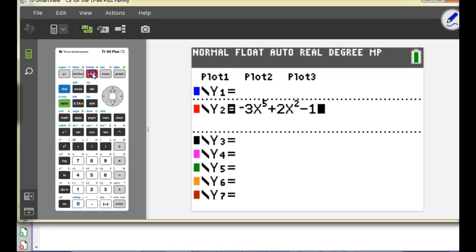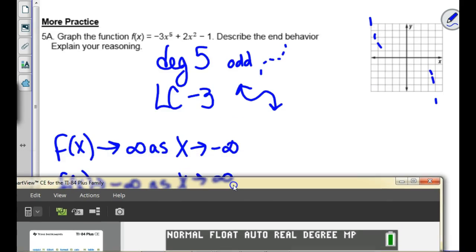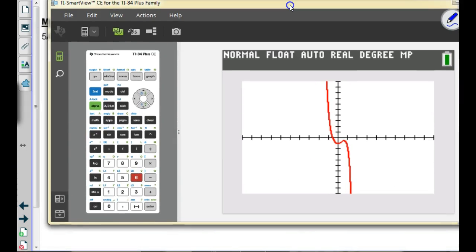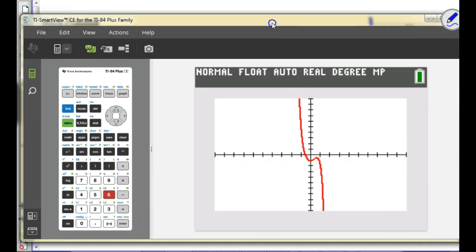Thank you. So if I try a standard window, I get that. What did we just say though? Oh, but it had at most, right? Is it going the right direction, guys? Left end up, right end down. It would have at most 5 zeros, but it doesn't have to.